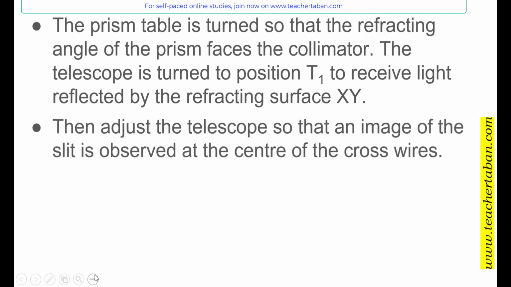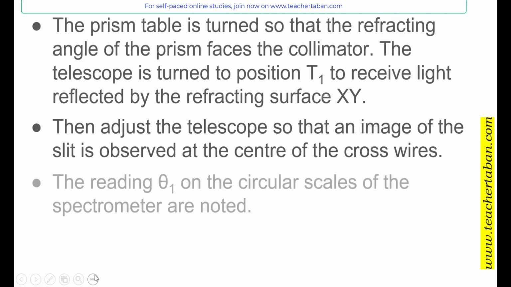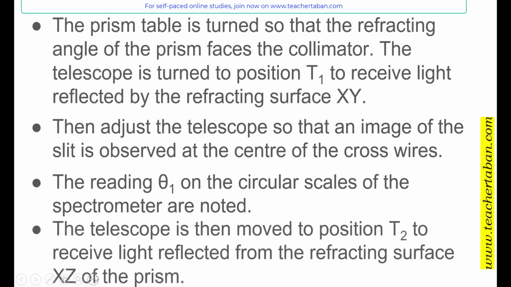Then adjust the telescope so that the image of the slit is observed at the center of the cross wires. After that, you simply read and record the telescope position as theta 1 on the turntable. Then do the same for the other side, XZ.